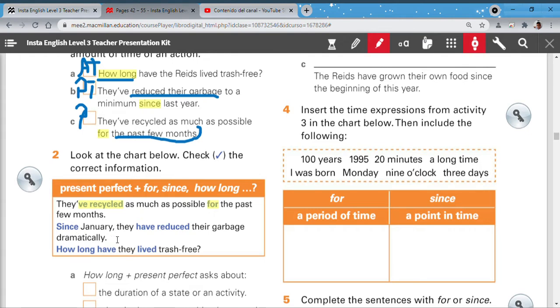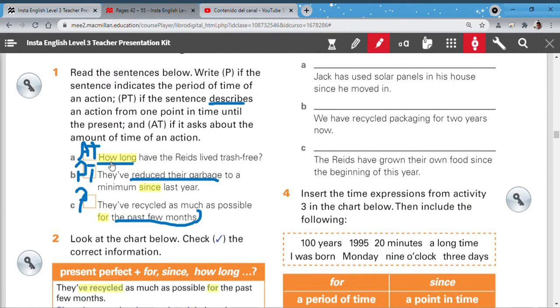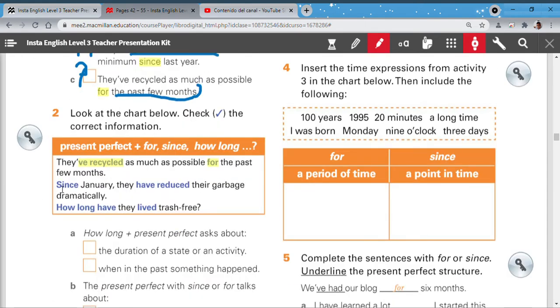"Since January, they have reduced their garbage dramatically." Since January. PT. If the sentence describes an action from a point in time until the present. Since January, since like desde. Until this moment. For example, today, well, look at my calendar.